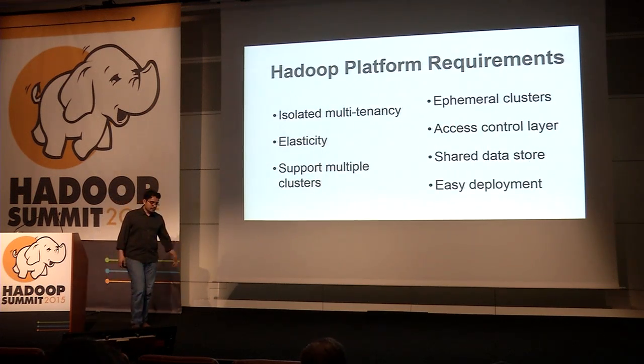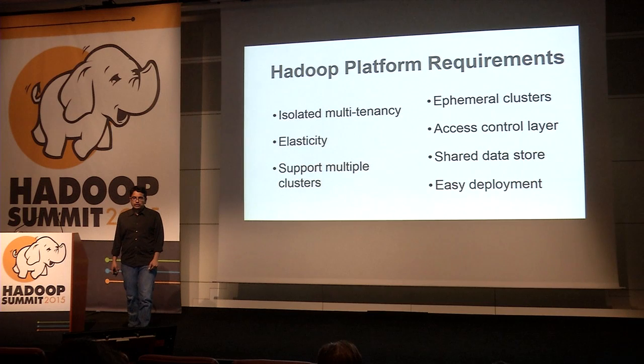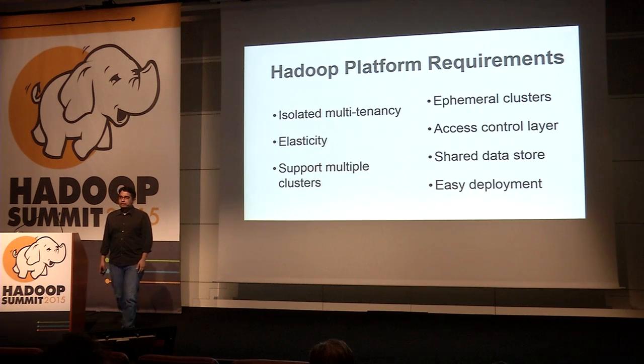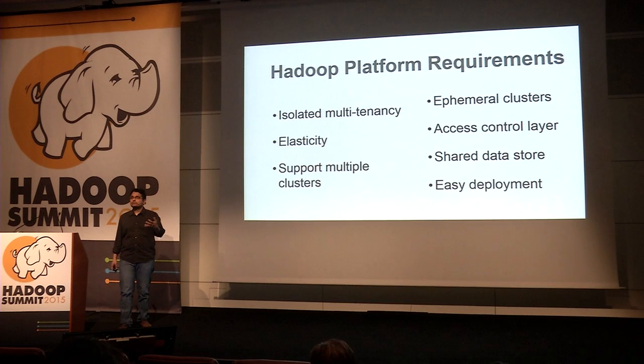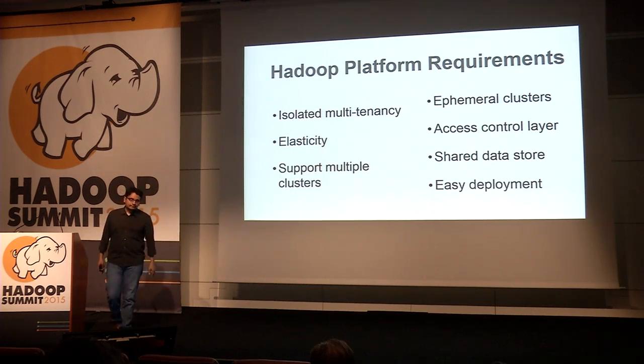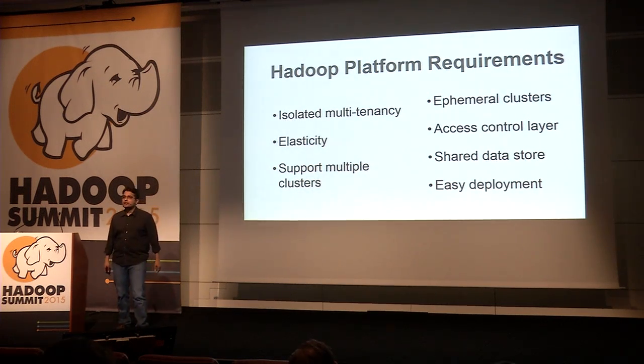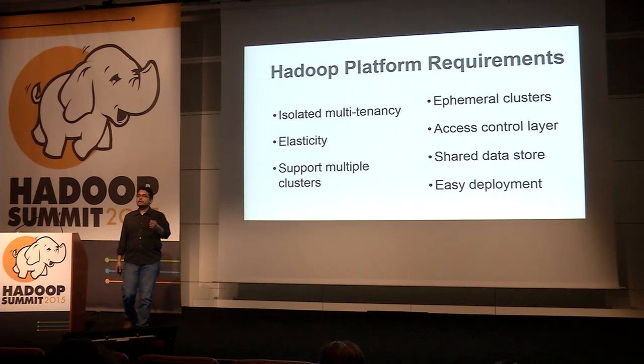So when we started working on this, we wanted to build a self-service Hadoop platform to meet our needs. These are some of the requirements that we thought would be good to meet. Because we are not an on-prem installation, we are on the cloud, we wanted to take advantage of the elasticity of the cloud.